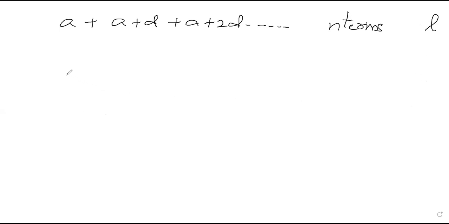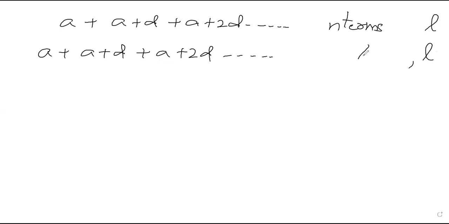Certainly I can write this sequence in some other way also. The addition of all the terms goes as a plus d, a plus 2d, dot dot dot, and this goes up to the L term. Prior to that, the term is L minus d. Prior to that again, it is L minus 2d.